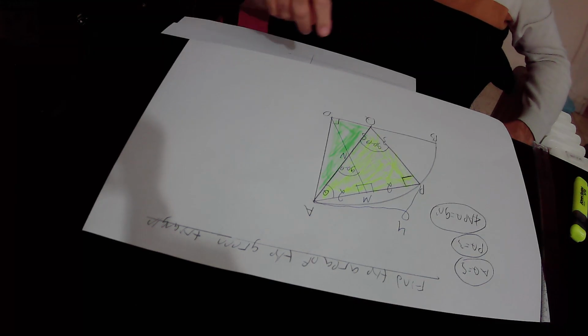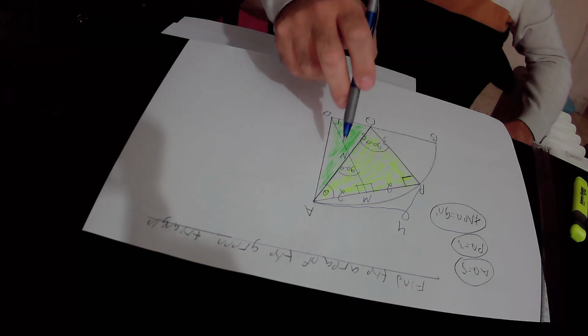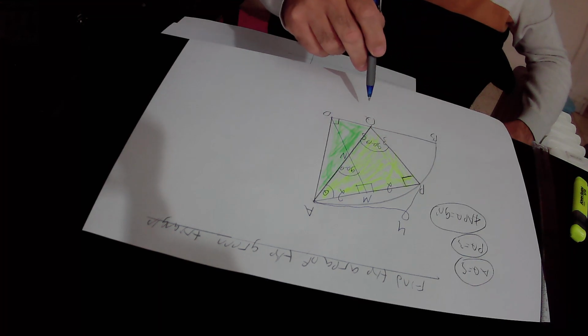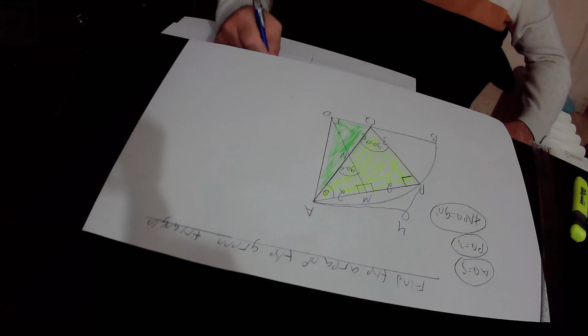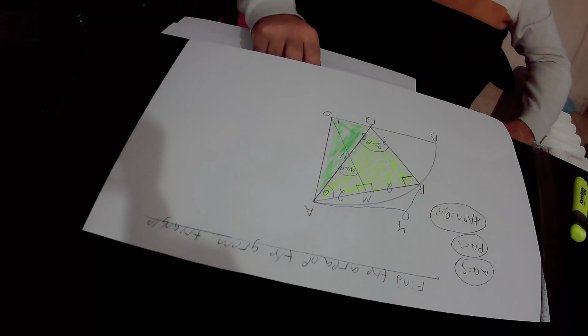And we'll call angle theta two different names. Angle theta belongs to the big triangle APQ, therefore angle theta will be called angle PAQ, and it is equal to angle theta itself.